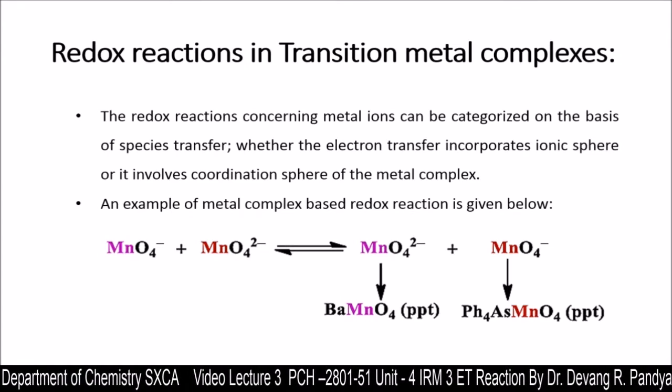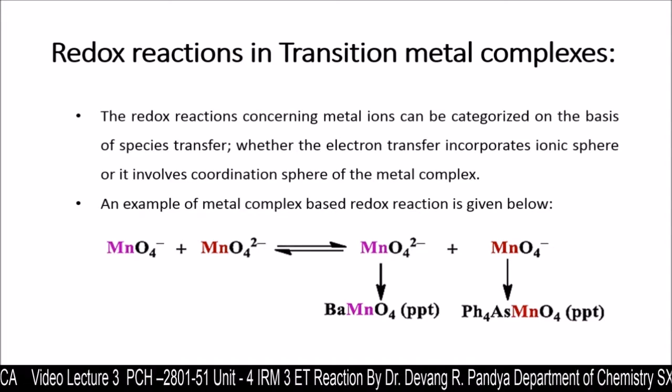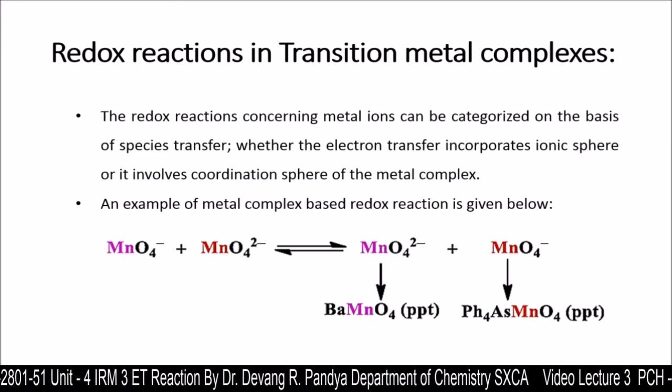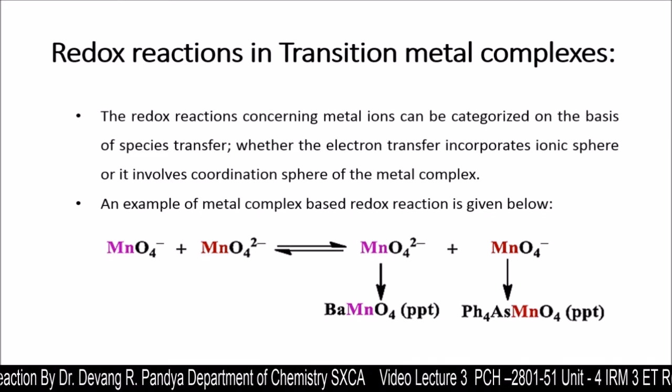So it's a beautiful example to start with. A permanganate will transfer from one form to the other, from -1 to -2, and hence we can find the redox reaction taking place over here.